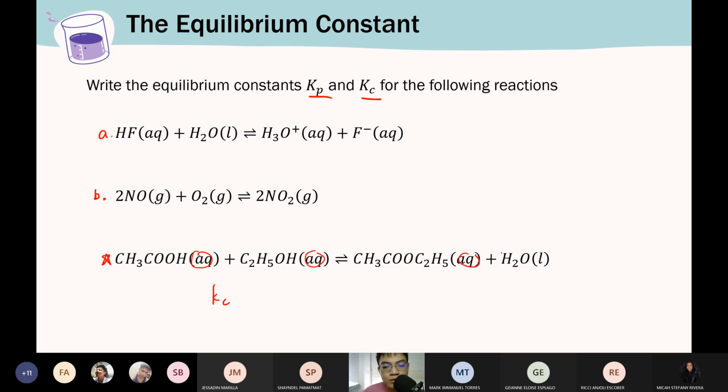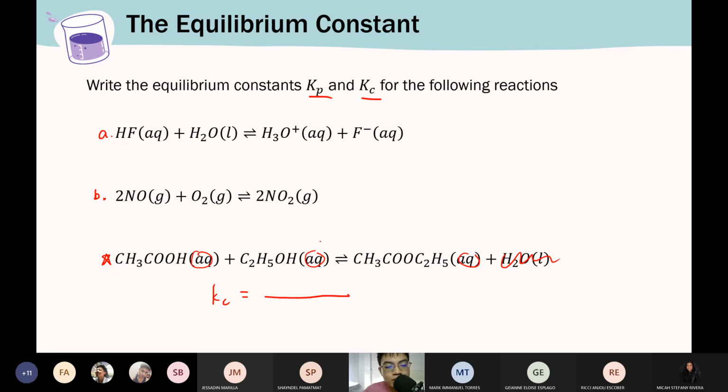So kapag may liquid, wag mo na pansinin. Okay? So ganun yung ginagawa ko. I just don't care about the liquid. I will focus only on the solid and the aqueous and the gas phase. Okay? So look, no? Lahat sila aqueous. So meaning I can only write Kc for that. Okay? So Kc lang magagawa ko. Wala akong Kp, of course. Puro aqueous yan eh.